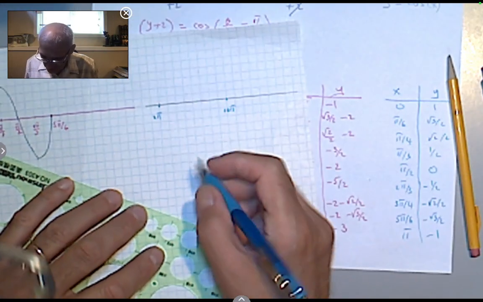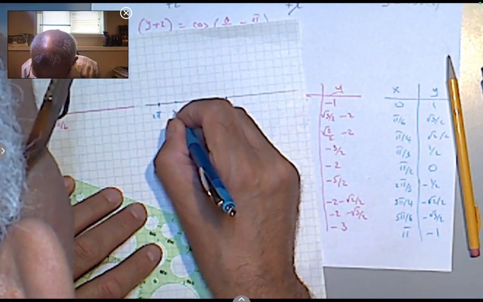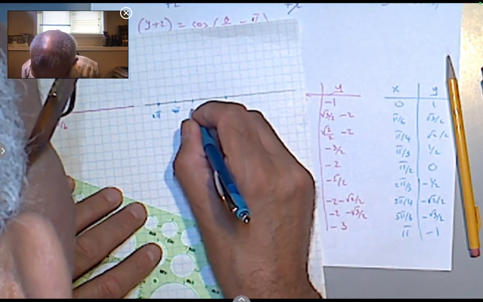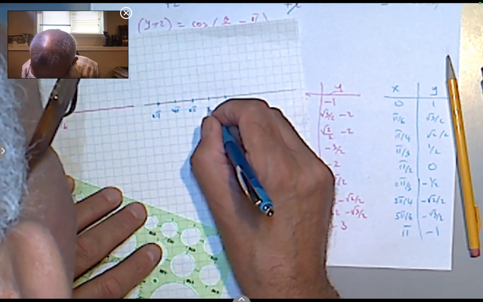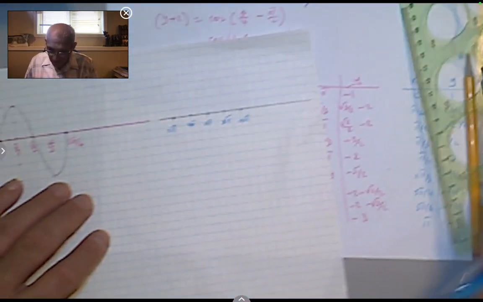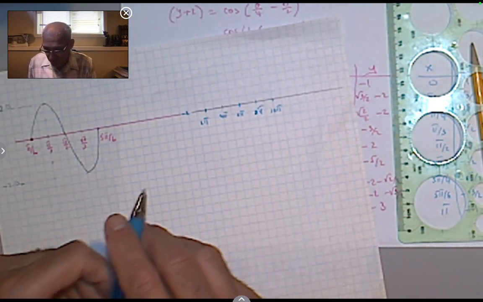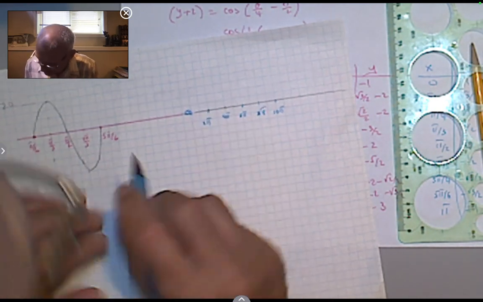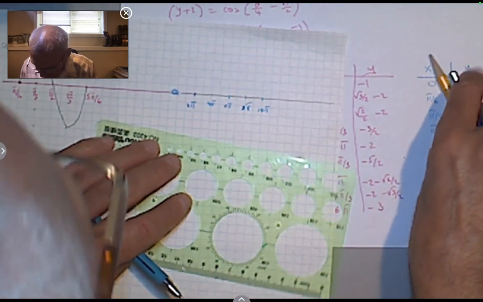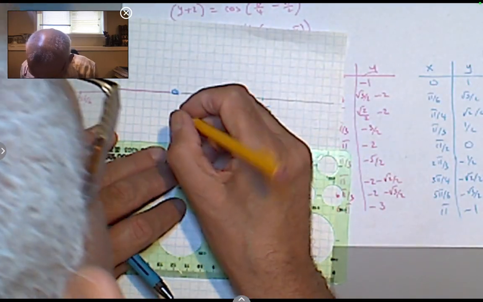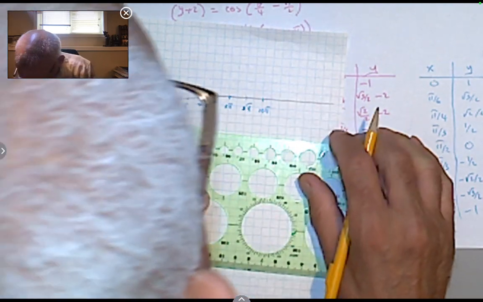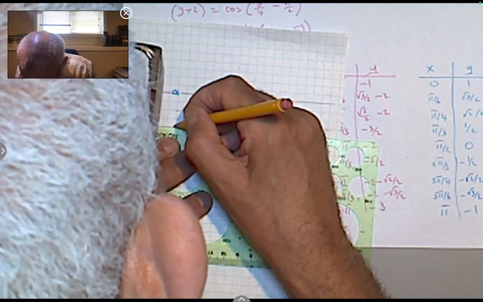So I have 4 pi, 6 pi, and 8 pi. This line is -2, or if you want to make that the 0, I will draw the center line. Let's take it 1, 2. So here is the center line.